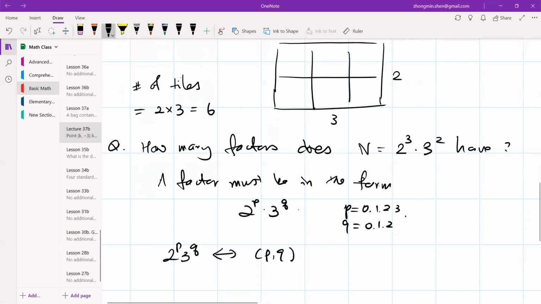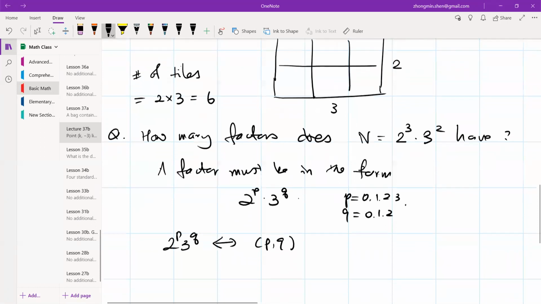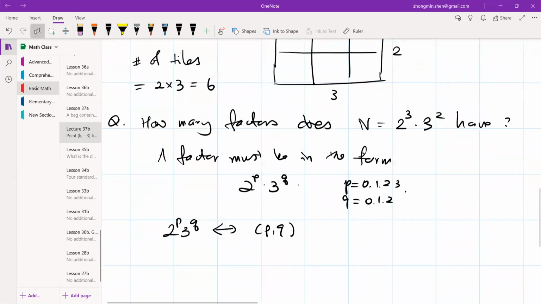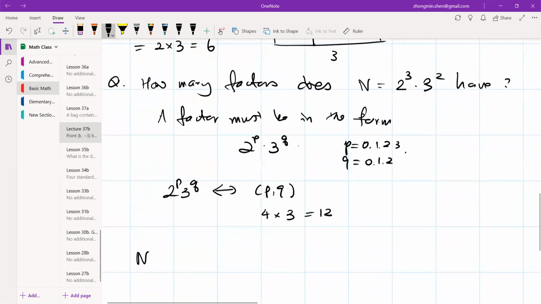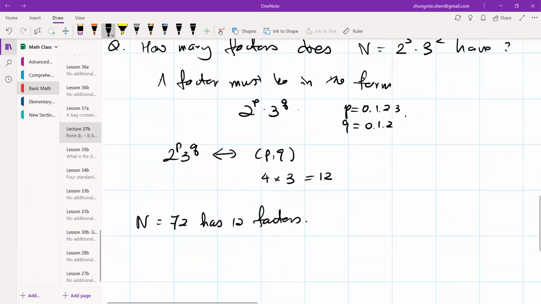In order to count the factors, you just need to count the number of those pairs. There are 4 choices for p and 3 choices for q, so 4 times 3, the total is 12. So n equals 72 has 12 factors. This is how we do that.